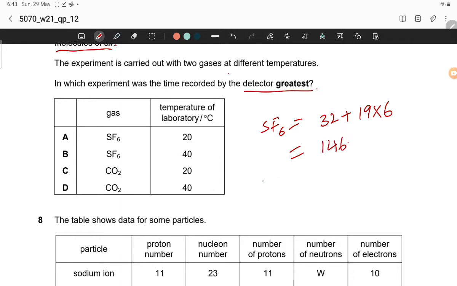And carbon dioxide is carbon 12, oxygen 32 into 2, so that is 44.